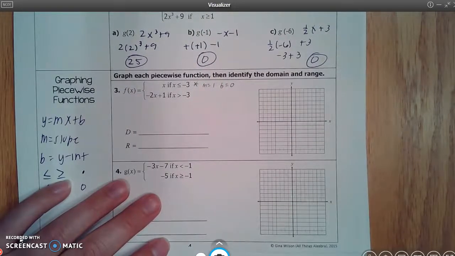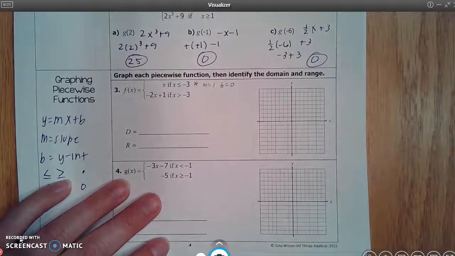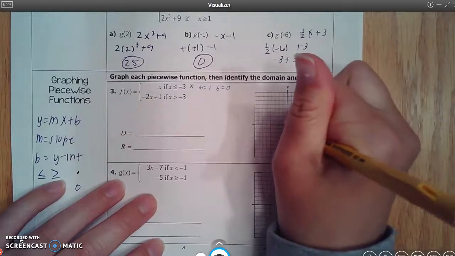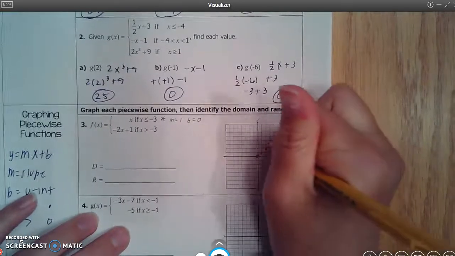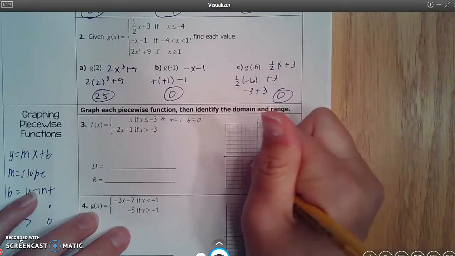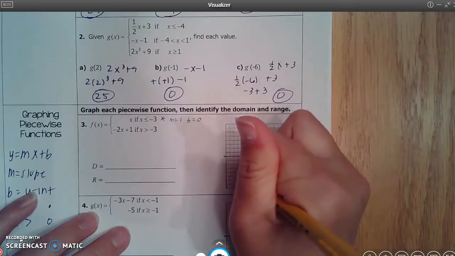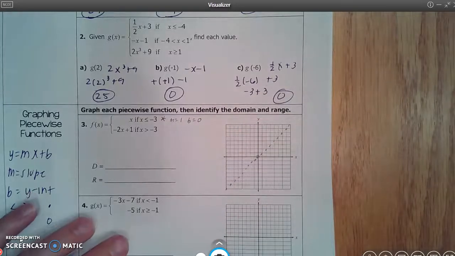So all I'm going to do is plot my points, but do not connect them because I will not need all of them, and I'll explain why in a second. I'm going to start at 0, and then my slope is 1, meaning I'm going to go up 1 over 1, or down 1 over 1. Some of the lines are kind of hard to see, but here's what my line would look like, give or take.